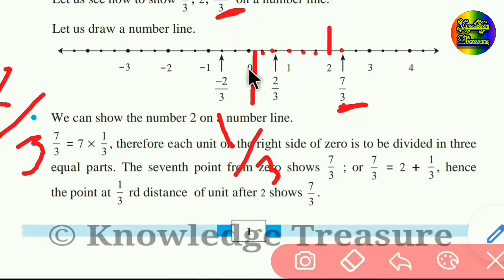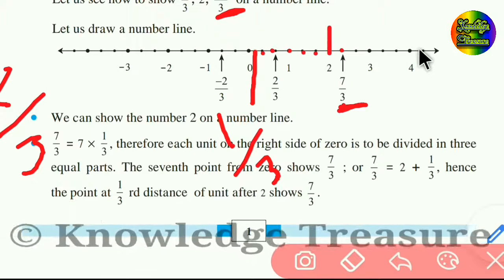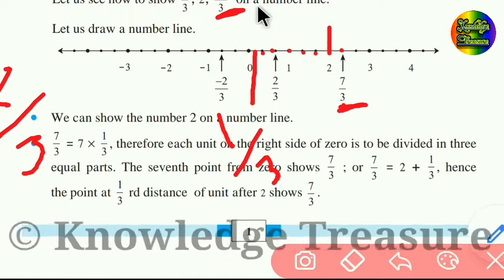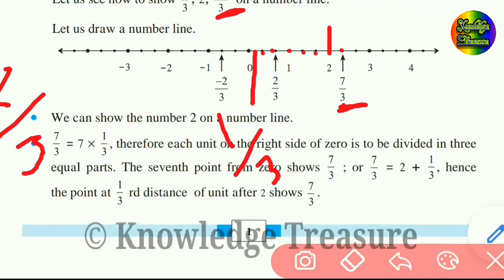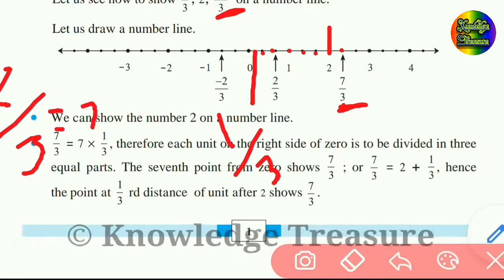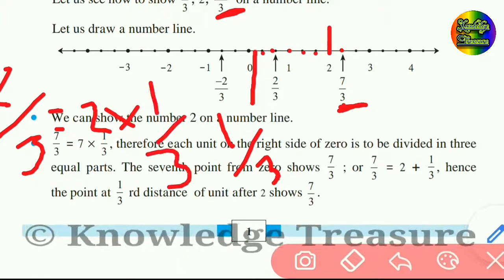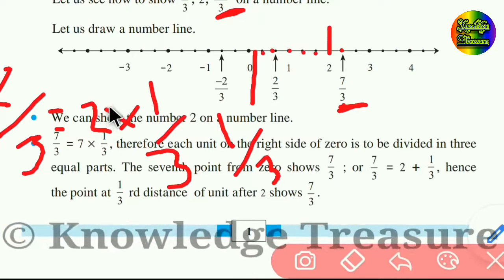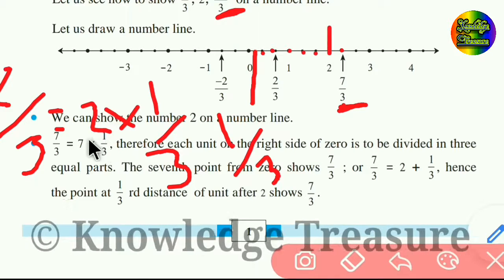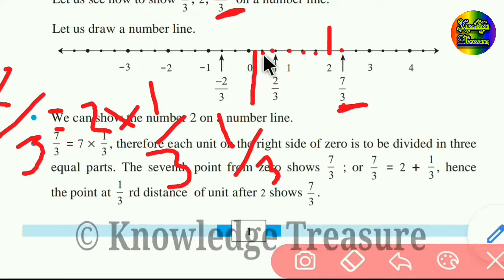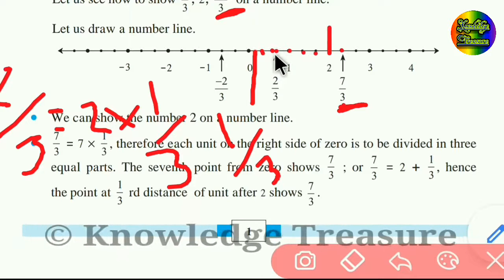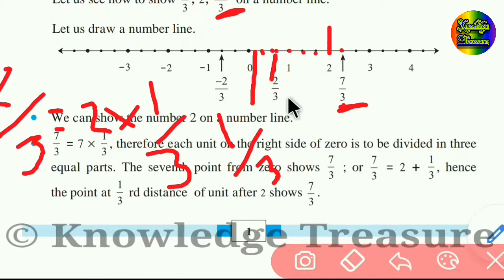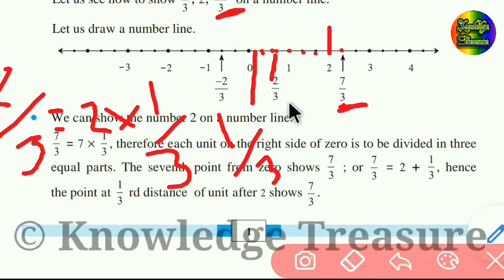Positive numbers are on the right hand side of 0. How can you write this 2 upon 3? You can write 2 upon 3 as 2 into 1 upon 3. So, after 0, you have to take 2 points. Let us say the first point, the second point. That is 2 upon 3.